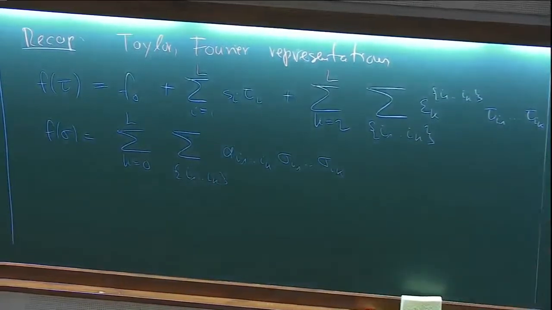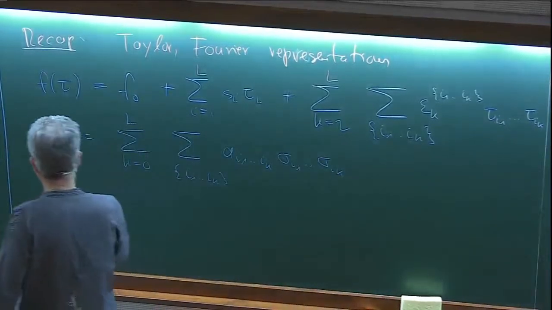What I want to emphasize is that what both of these actually do is that they are linear transformations between the fitness values and the coefficients. Okay, so these are linear transformations.